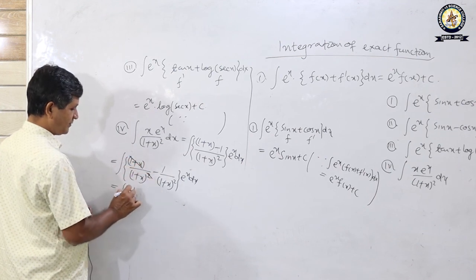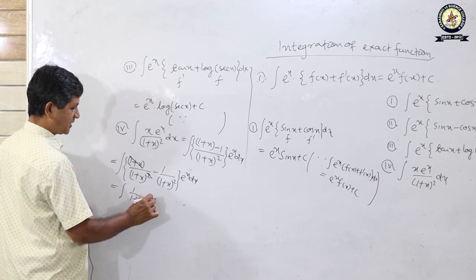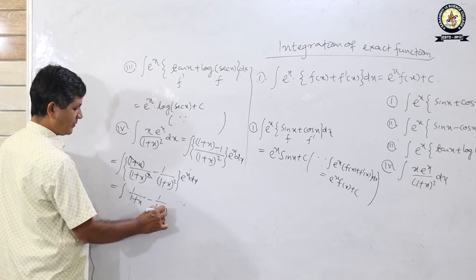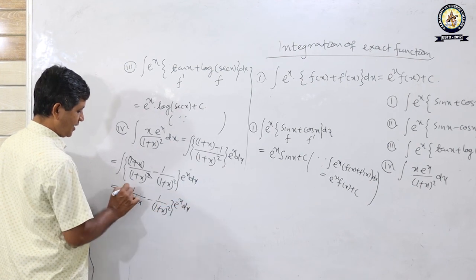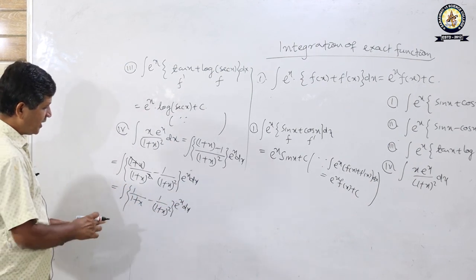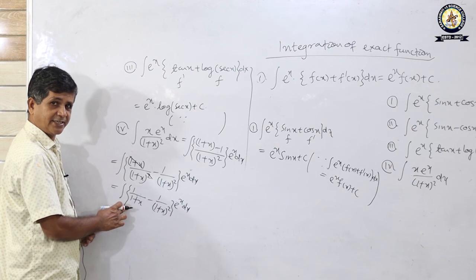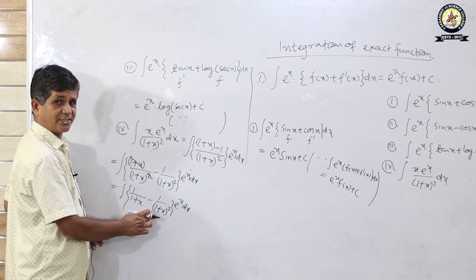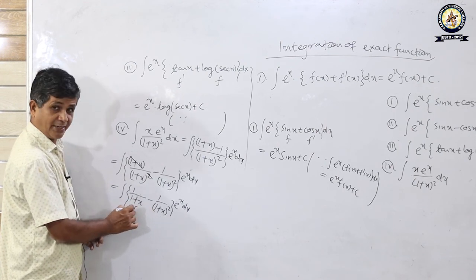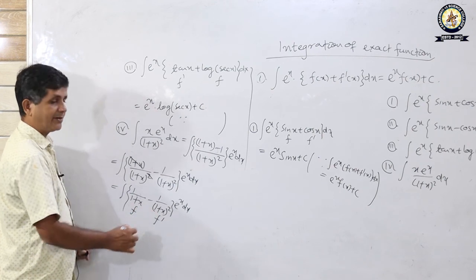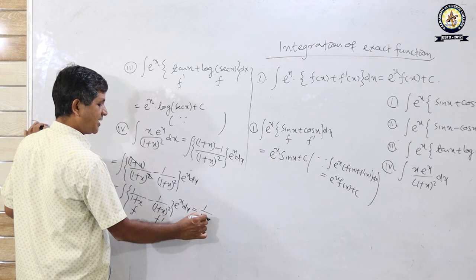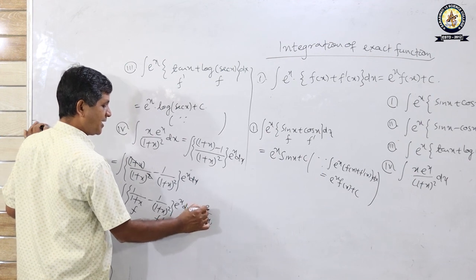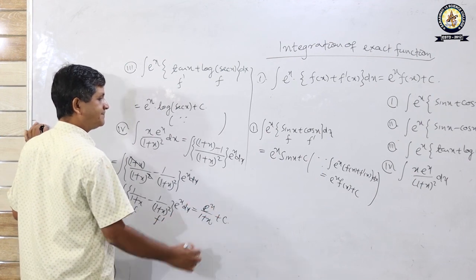So it is integration of (1 by (1 plus x) minus 1 by (1 plus x) whole square) into e to the power x into dx. Here the derivative of 1 by (1 plus x) is minus 1 by (1 plus x) square. So this will be taken as f and this will be taken as f dash. So the final answer is 1 by (1 plus x) into e to the power x plus c.